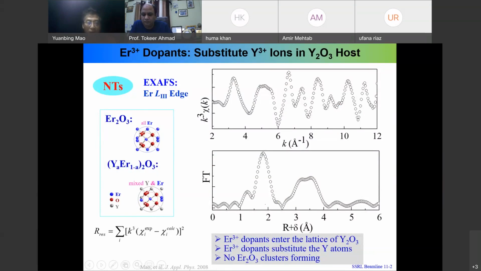So around the erbium, here the metal is only erbium, right? And then for the erbium-doped yttrium oxide, we build this model with mixed yttrium and erbium, and depending on their ratios, we can study the whole series of erbium-doped yttrium oxide nanotubes.